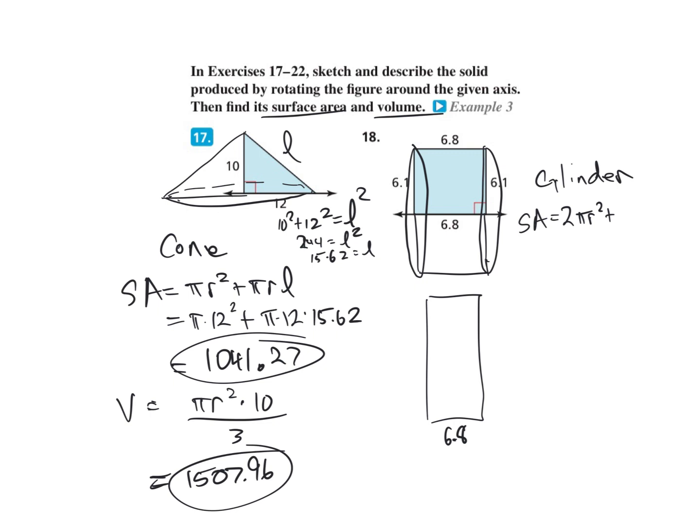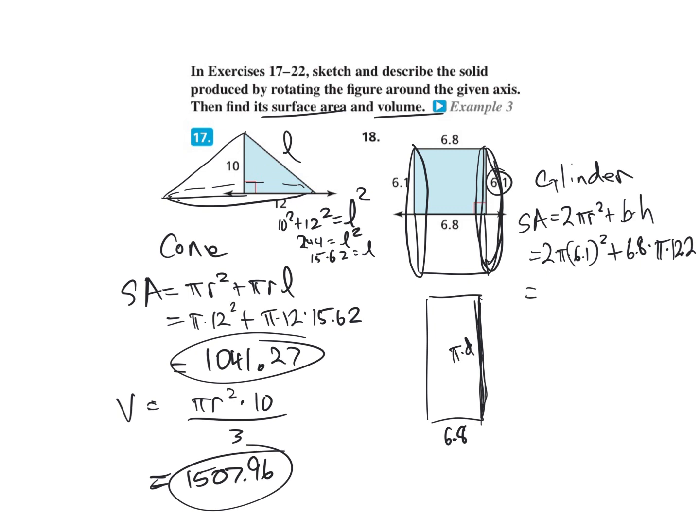The base is 6.8, and then what do you get for the height here? This is going to be base times height. To get this height, this is actually the circumference of the circle, which is pi times the diameter. The diameter is 12.2 because your radius is 6.1. So we have 2 times pi times the radius 6.1 squared, plus the base 6.8 times the circumference, pi times the diameter of 12.2.